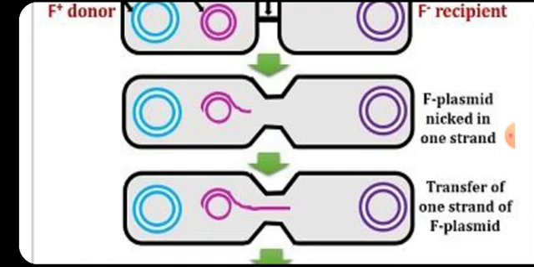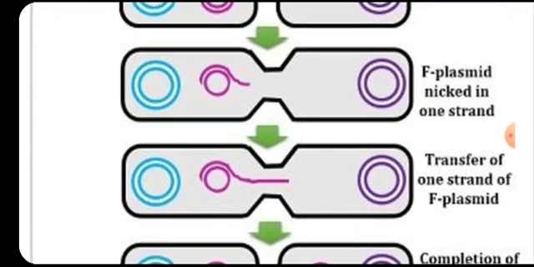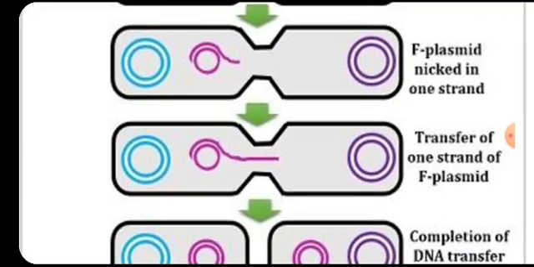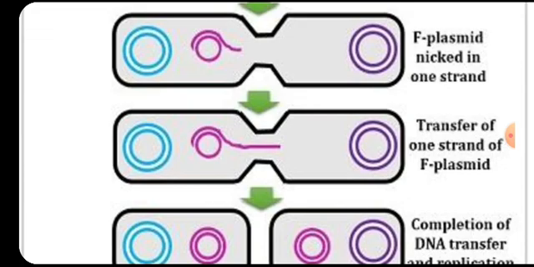So one of the strands from the F plasmid gets transferred from the F plus cell to the F minus cell. This is how it is transferred: transfer of one strand of F plasmid.